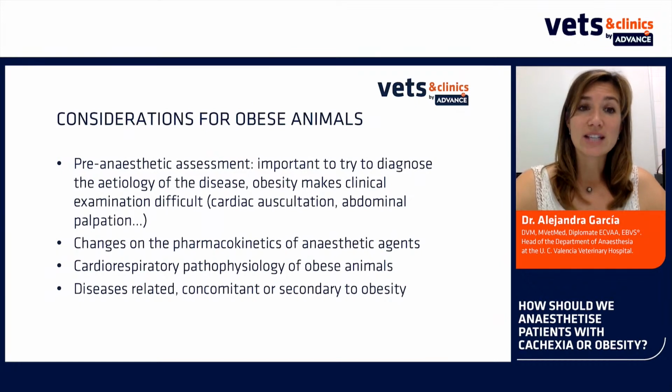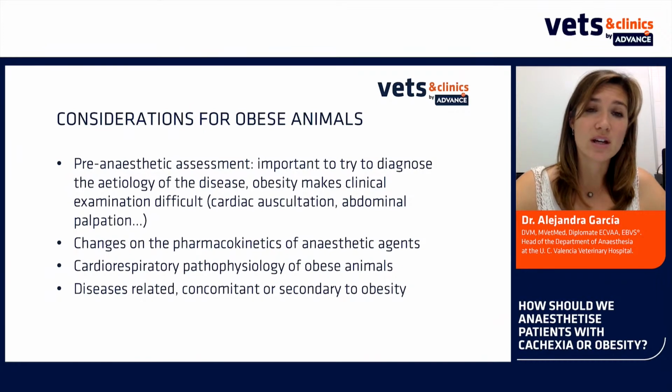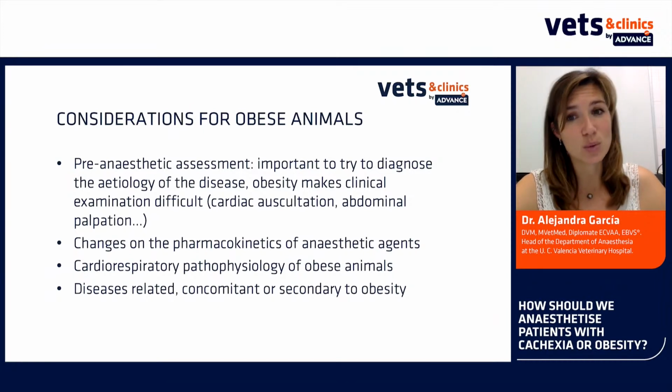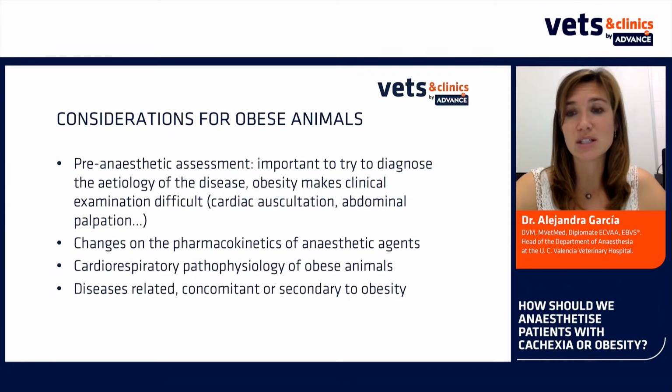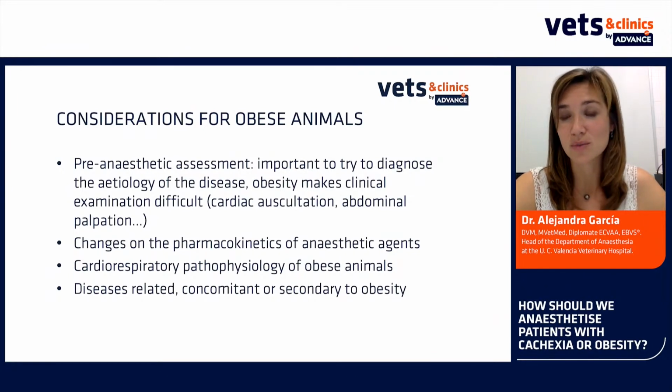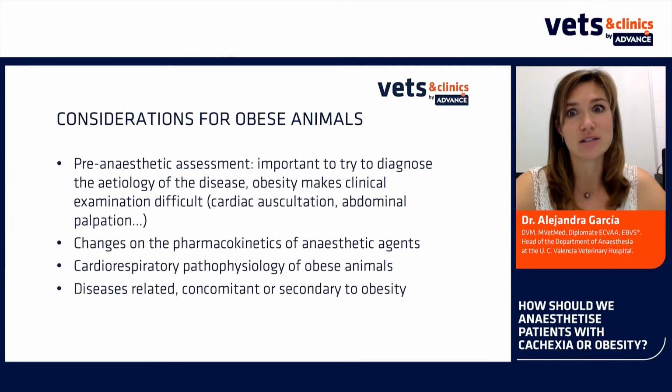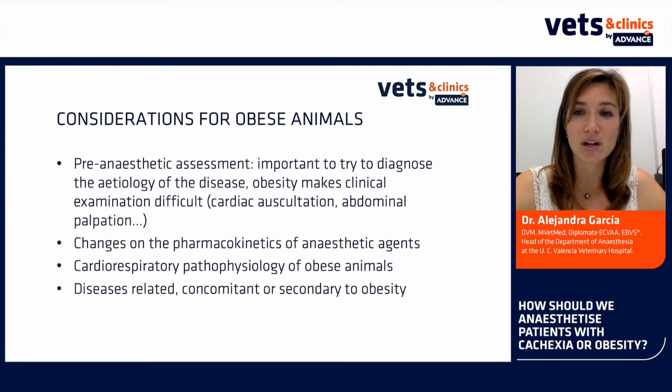Considerations for obese animals. Again, pre-anesthetic assessment is really important to try to diagnose the etiology of the disease, but also obesity makes clinical examination difficult. Sometimes cardiac auscultation is quite difficult. If we have a big-sized dog or giant dog, a fat dog, it's difficult to auscultate the heart properly.